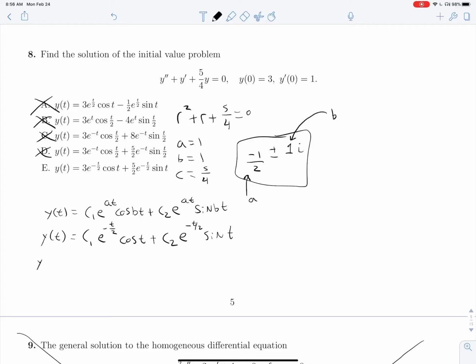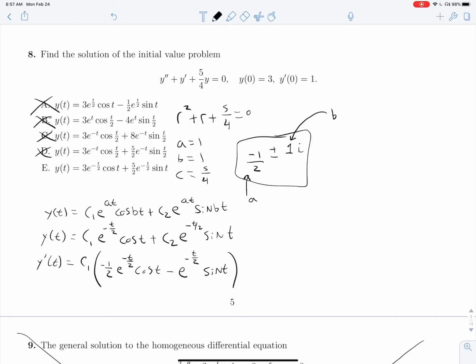We're going to have to take a y prime of t, and this is going to get really tedious really quick. C1 times negative 1/2 e to the negative t over 2 cosine t minus, I'm not going to do this. Or maybe I am. We'll see. This is going to suck though. e to the negative t over 2 sine t.